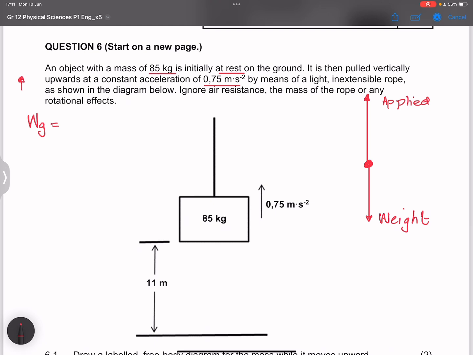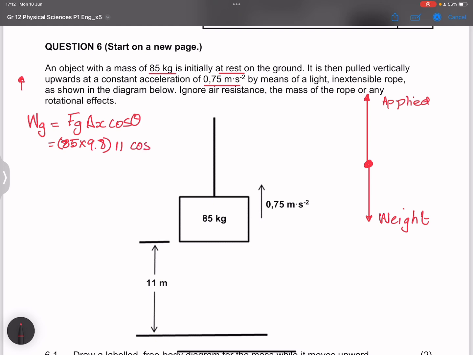So work done by gravity is going to be force of gravity times delta x times the cos of theta. Now note, force of gravity is mass times gravitational acceleration. So this is going to be 85 times 9.8. The displacement is 11 meters, right?